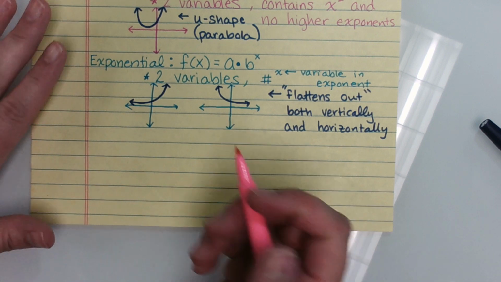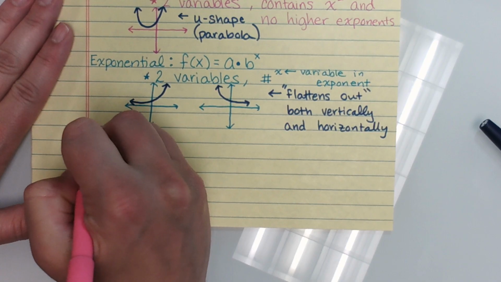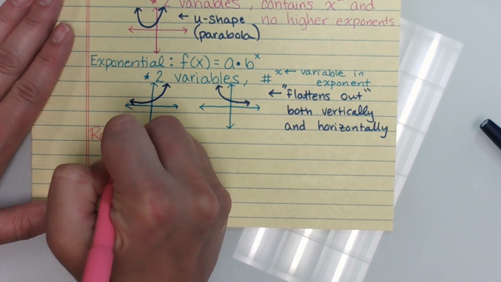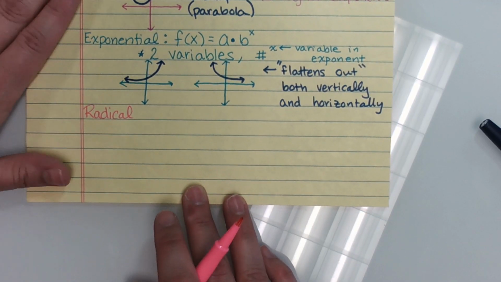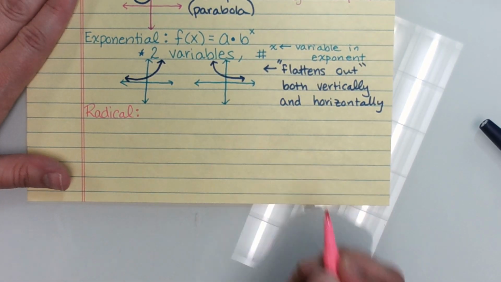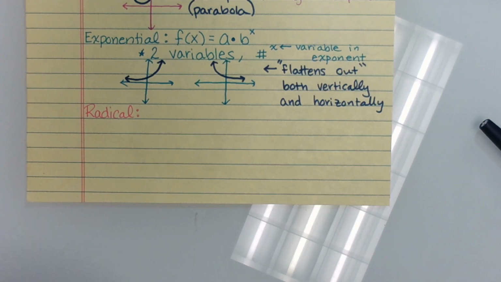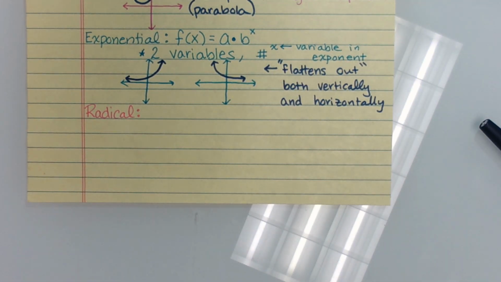Exactly. Okay, there's two other families we're talking about today. Can I fit them on this page? Maybe. There's the radical family. Now, the radical family is actually a very, very large family. It can be broken down into smaller families.